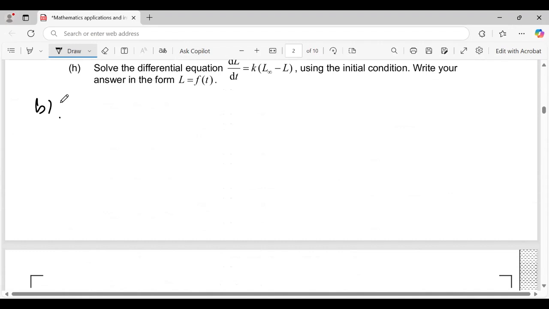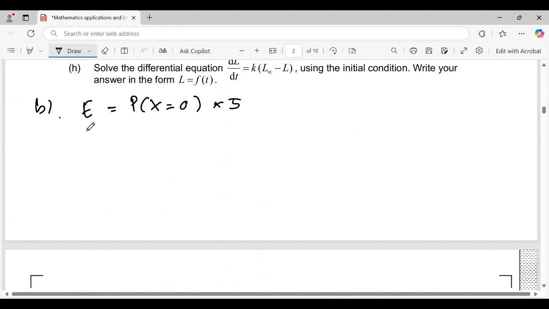So the expectation is the probability that x equals 0 times 50. This is the expected number.